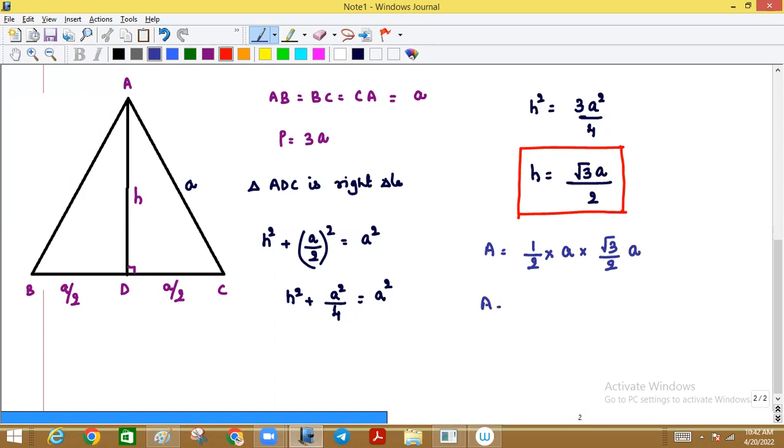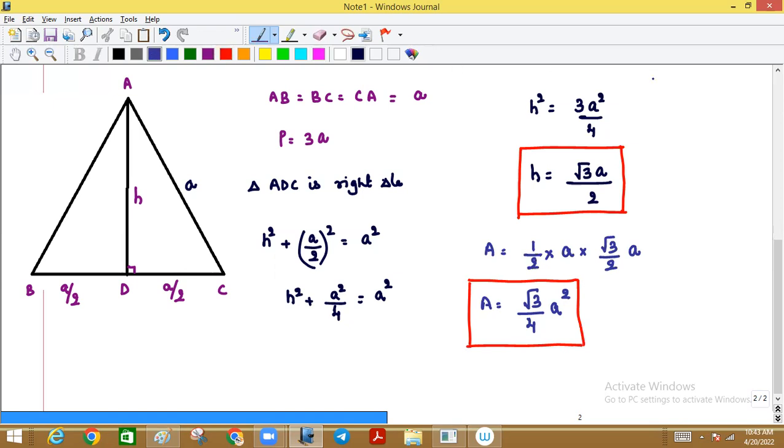Therefore, area of a triangle is equal to what? Root 3 by 4. What do we have here? a square. Yes or no? Now, if I do a by h square, what do I get if I do a by h square?